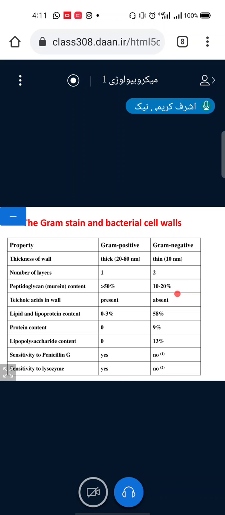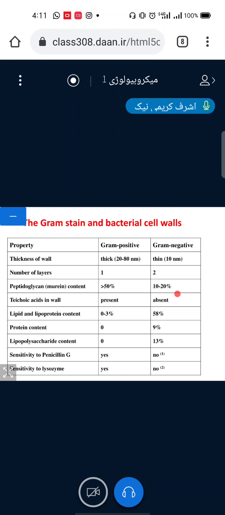Protein content in gram-positive is 0, absent. In gram-negative, 9%. Lipopolysaccharide content in gram-positive is 0, absent, and in gram-negative it is 13%.